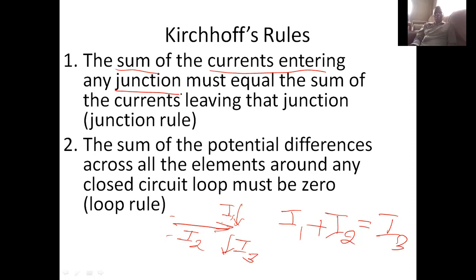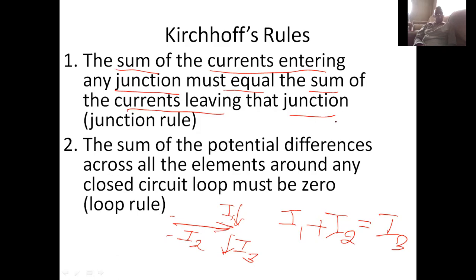The sum of the currents entering should always be equal to the sum of all the currents leaving the junction. Therefore, this rule is known as the junction rule.